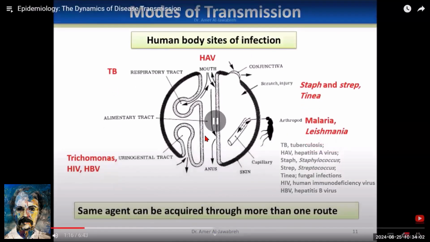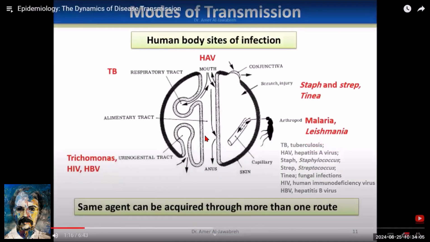Look here. Here is our body. What you are seeing is our body, and the pores and the ends of our body, infection sites. You have the mouth and the GIT. You have the lung here by air. You have the urogenital, sexually transmitted. You have the skin here. So through the skin, you can get arthropods, insects, VBDs, vector-borne diseases, like malaria and leishmania and West Nile.